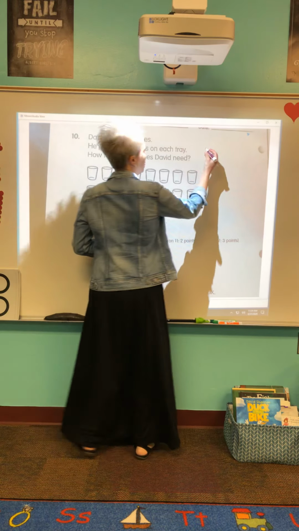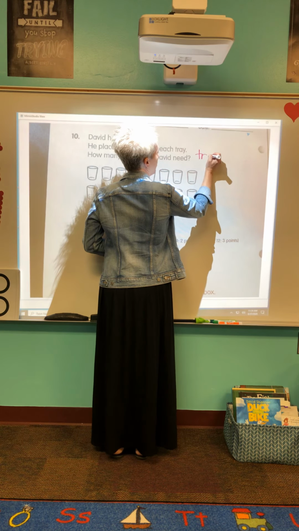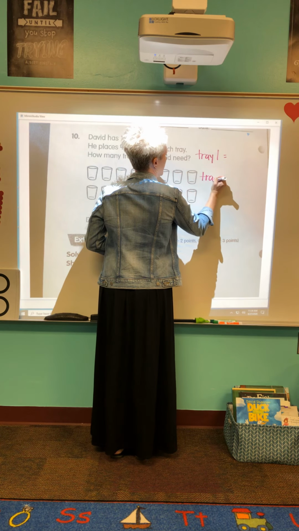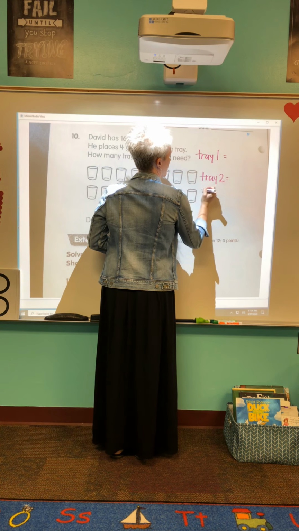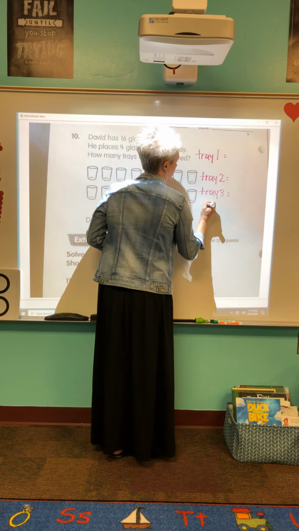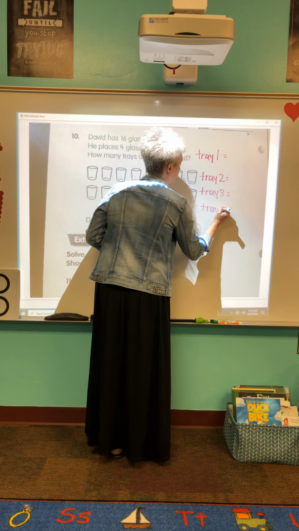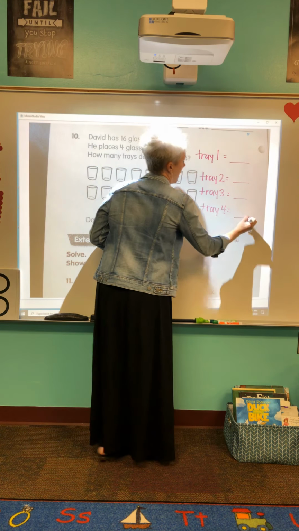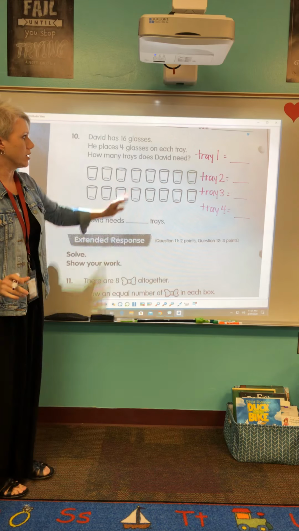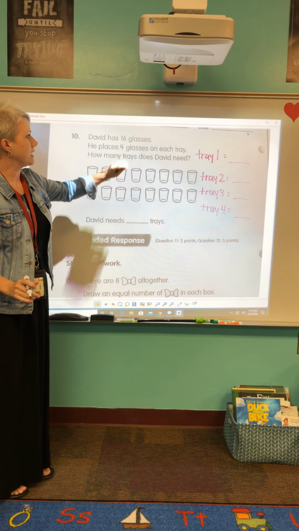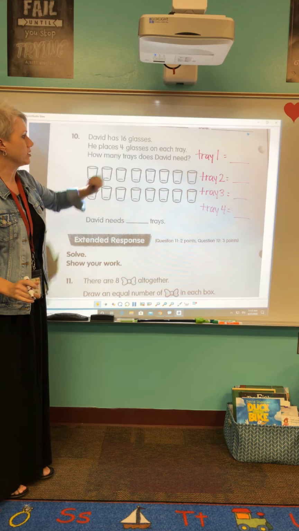So let's put over here tray 1, tray 2, tray 3, and tray 4. Alright, I want you guys to figure out how many goes on each tray. He places 4 glasses on each tray. How many trays does David need?